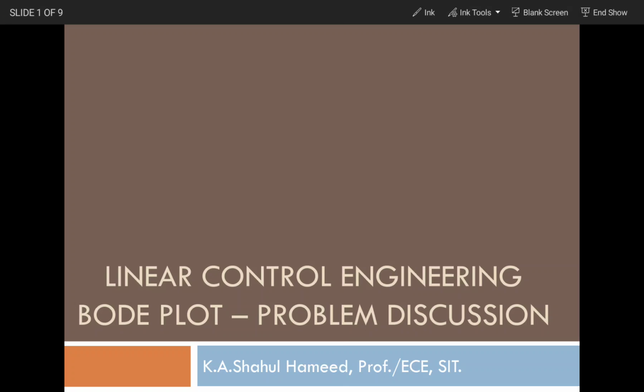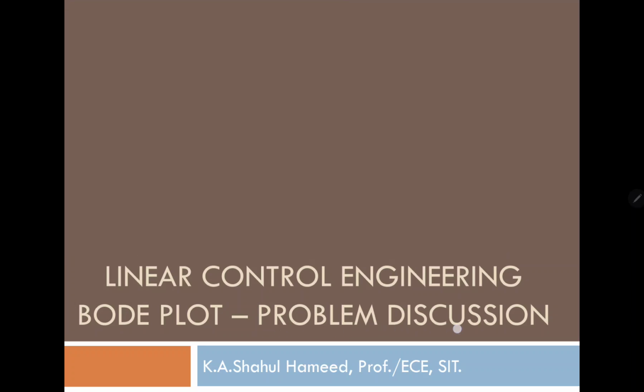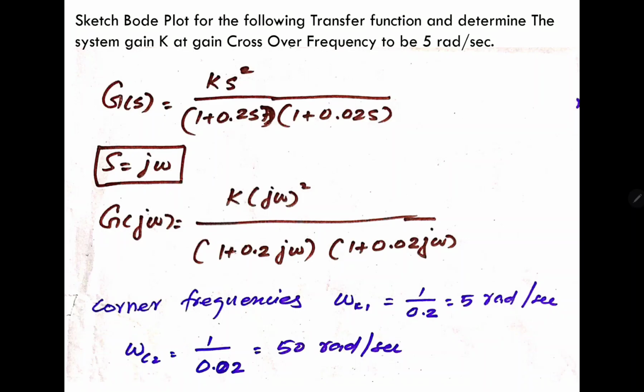In this session, we are going to discuss linear control engineering, the topic Bode plot, and in particular, we are going to discuss one problem related to Bode plot. First, I will read the problem statement.